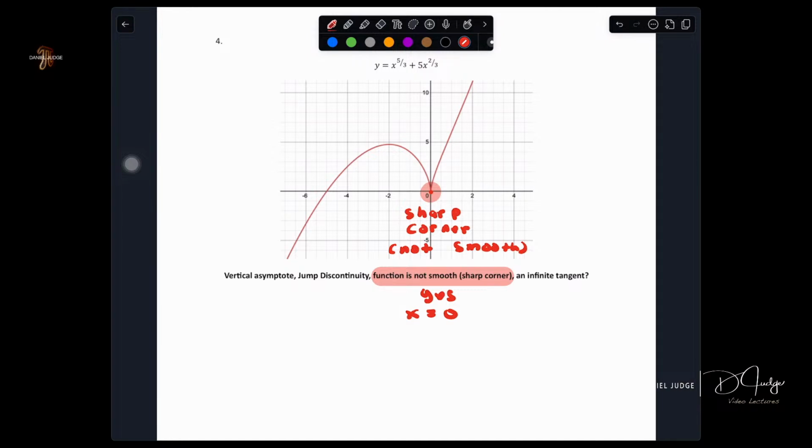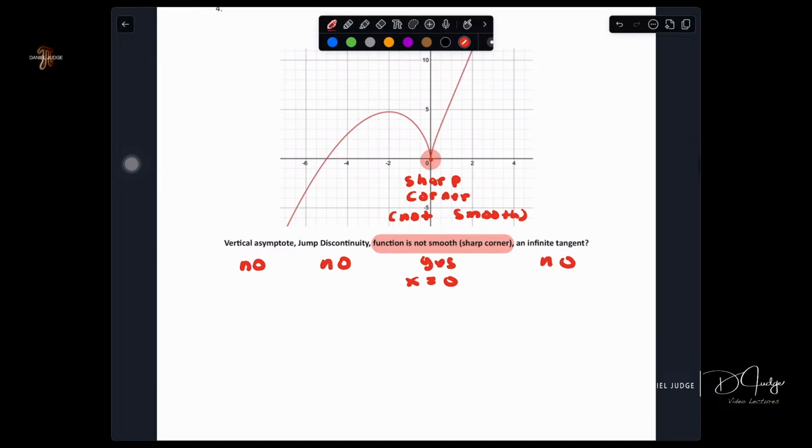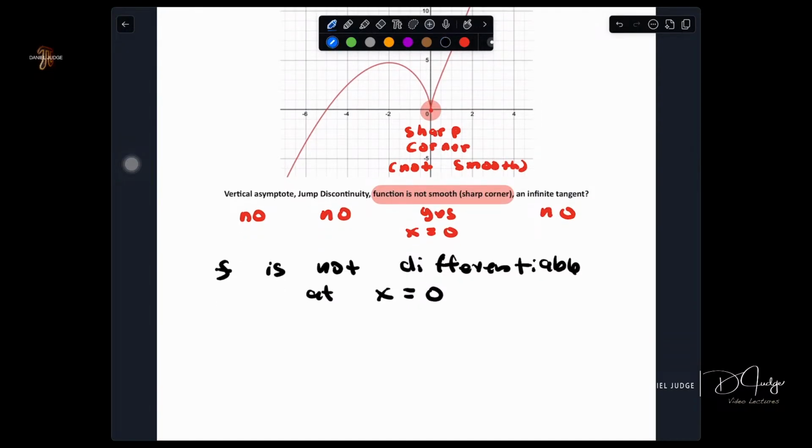So is there vertical asymptotes? No. Are there jump discontinuities? No. Infinite tangents? No. So f is not differentiable at x equals 0. So where is it differentiable? From minus infinity up to 0, union 0 to infinity.